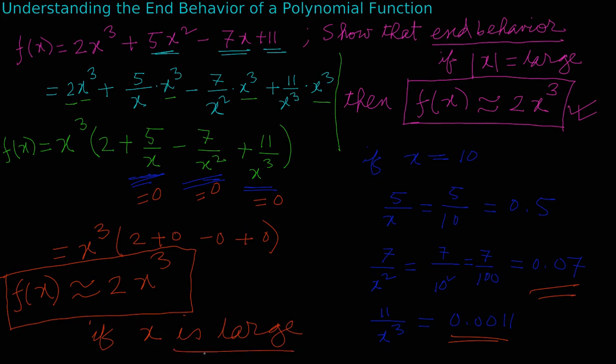That means the behavior of this particular function, which is a polynomial function, 2x cube plus 5x square minus 7x plus 11, the end behavior, or when x is large, is going to behave like this power function.